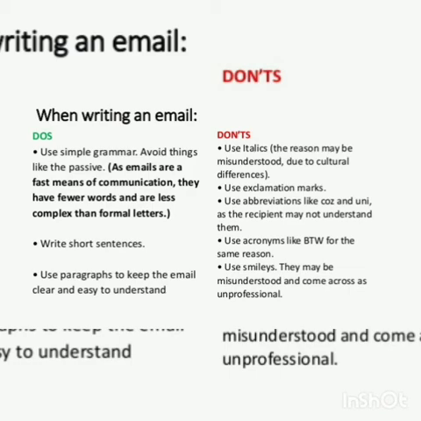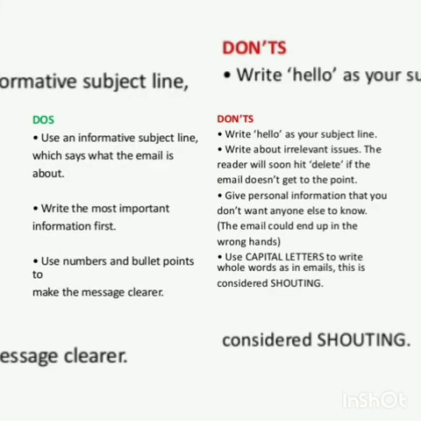You should use simple grammar and simple sentences, and you can split the paragraphs. All these things are very important in email writing. The email should be subjective and informative. The most important is the information you are going to provide, and you can place it in bullets or numbering to make the message very clear.